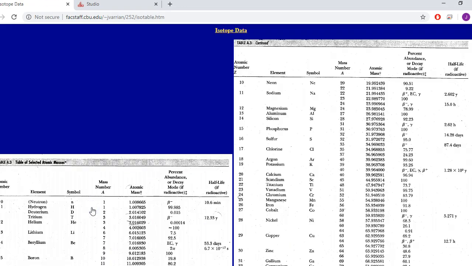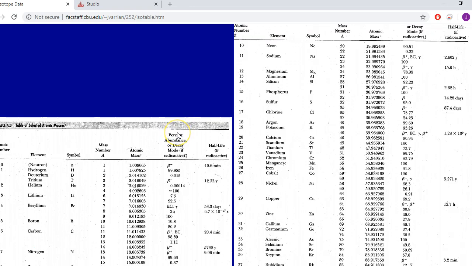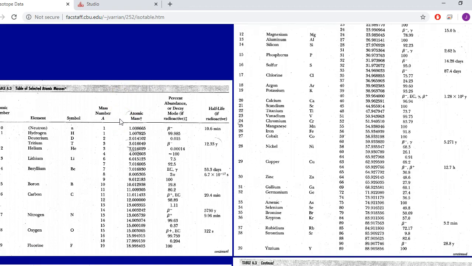Now I know it's not terrific, and it's not going to look great in the video. I just photo scanned these in from a textbook, but I like this table. It does not have every single isotope, but we're going to use this a lot, particularly because you have the atomic number, so the elements are listed in increasing atomic number. You have their symbols. You have the mass number, so these are the different isotopes.